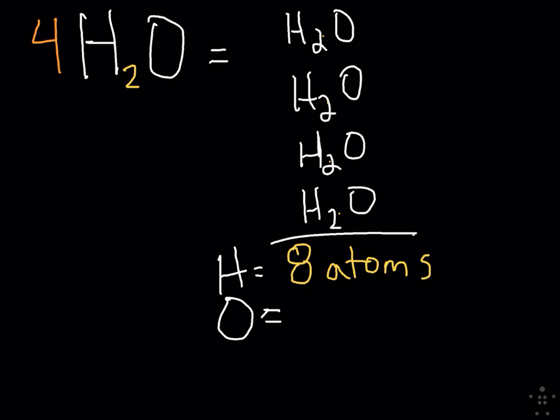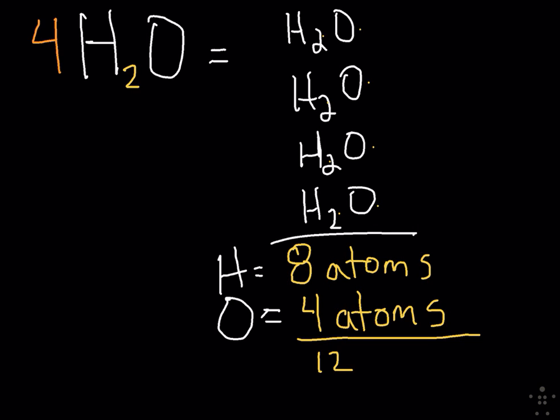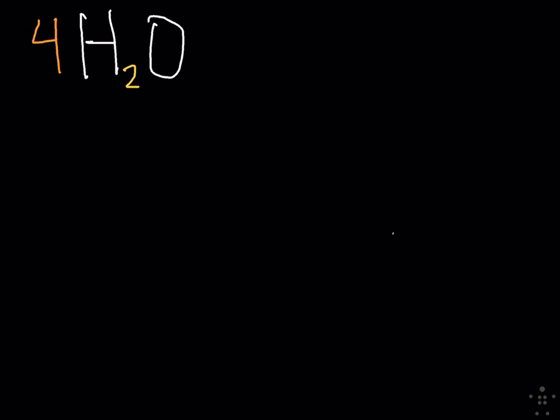So when I go to write this guy, I just count 1, 2, 3, 4. So now I know I have 4 atoms of oxygen. So if I had to put a total, I know I have a total of 12 atoms in this formula. Now that's one way to do it. I'd like to show you another way.